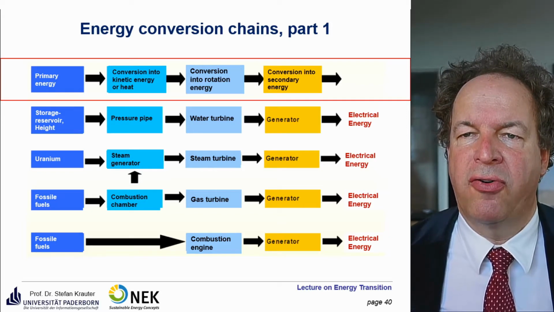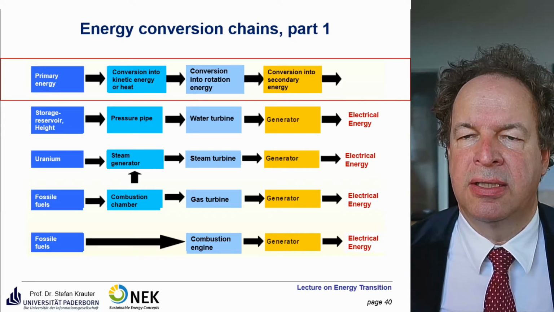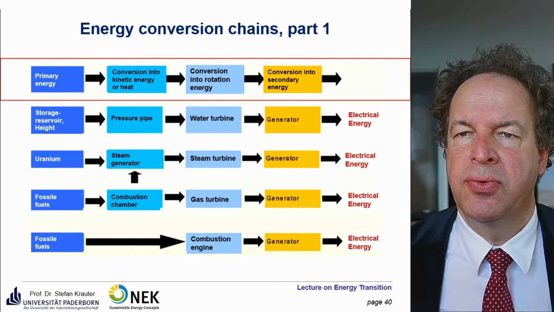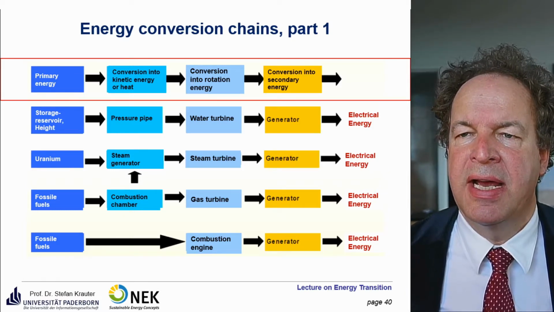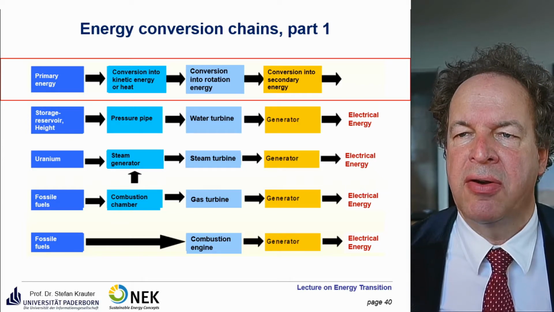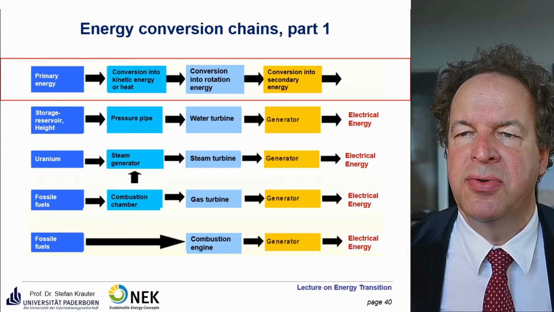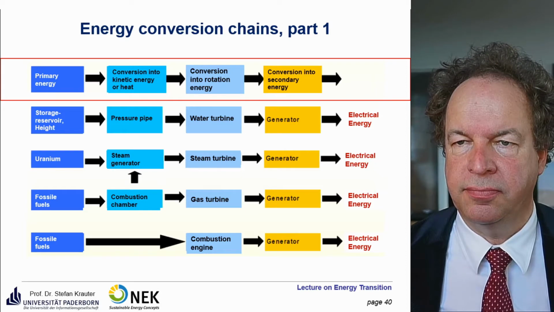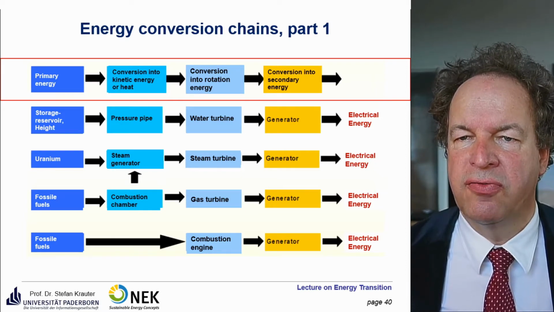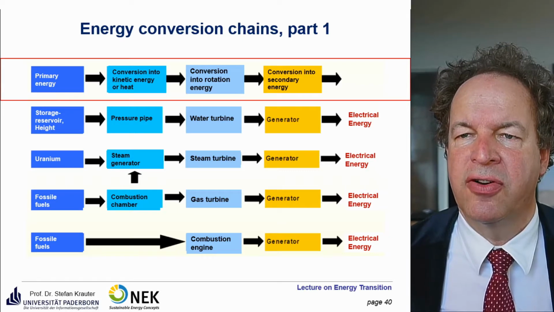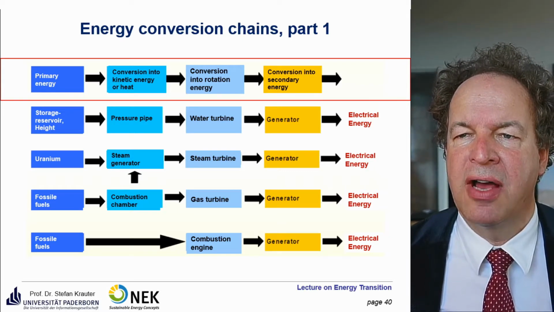As I mentioned already, for fossil fuels, whether it's gas, coal, or lignite, it's about the same. We convert it into heat energy. We use a gas turbine, and then drive a generator which converts that into electrical energy. We can also use fossil fuels such as diesel or gasoline to drive a combustion engine which drives a generator.